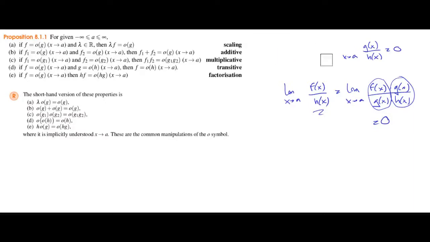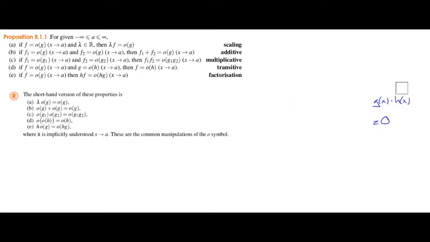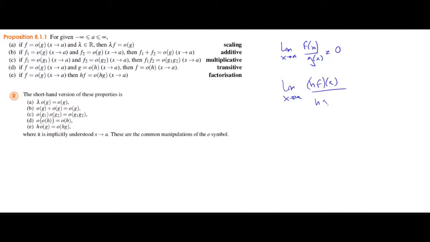And then finally we have the factorization property, right? So we have that f is small o of g, so the limit when x goes to a of f divided by g is 0. And then we want to prove that the limit when x goes to a of h f at x divided by h g at x is going to be 0, right?